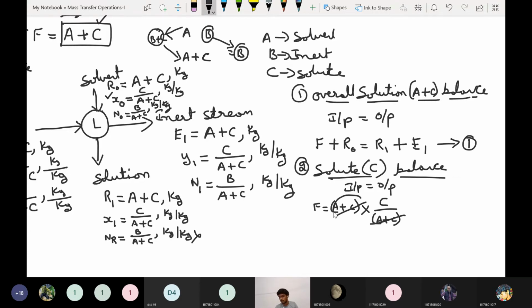So this entire equation is known as YF. YF is C by A plus C for the feed stream or input stream. Because of this convenience, we denote the same steps we performed in distillation also.